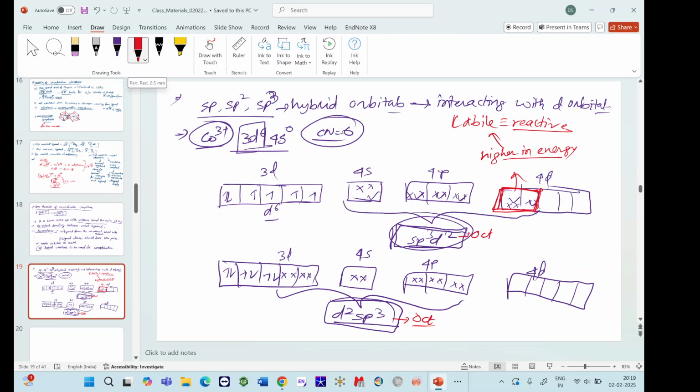And one more thing, whenever you have some unpaired electrons, it can be attracted by a magnetic field. This behavior is called paramagnetic.